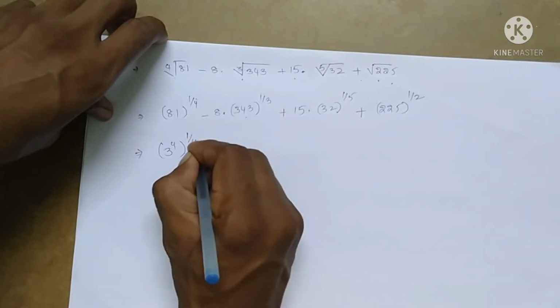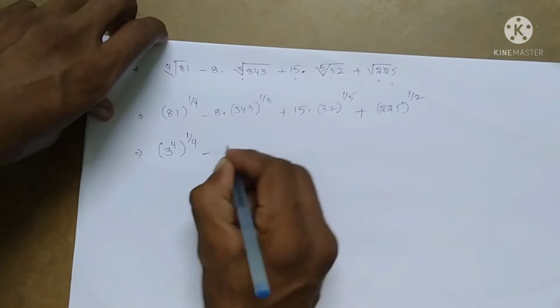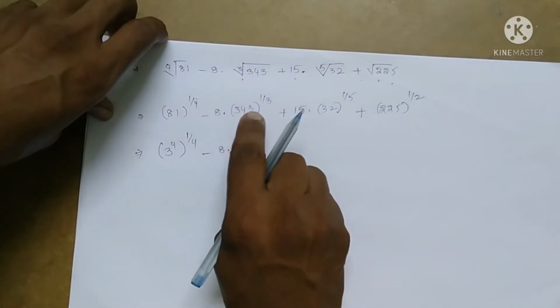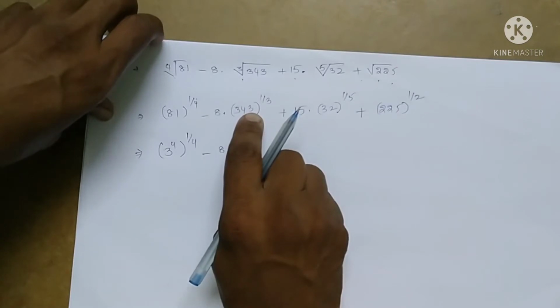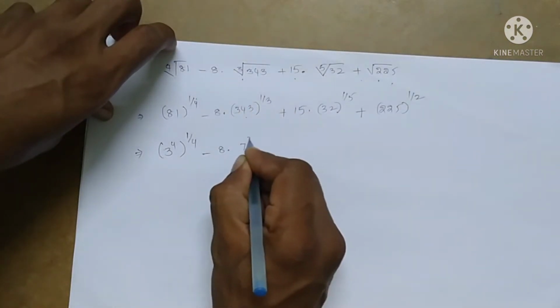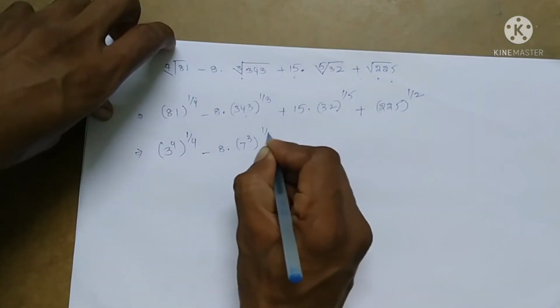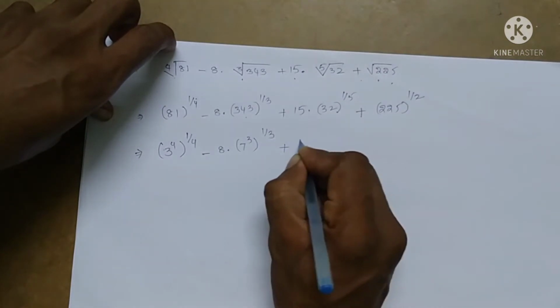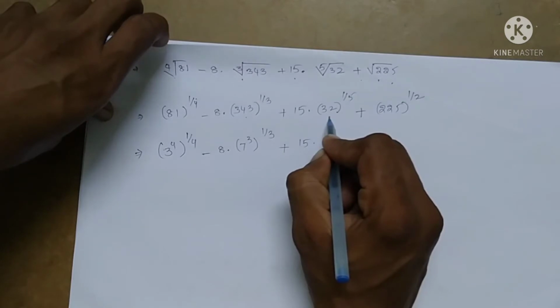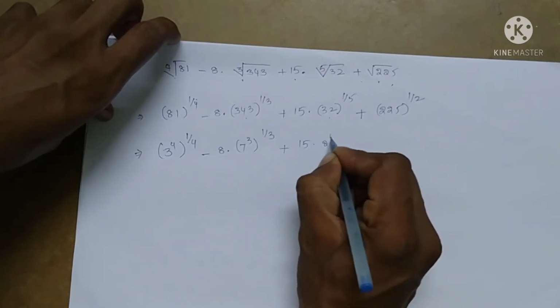Minus 8 into, here 343 means 7 cube: 7 7s are 49, 49 7s are 343. So 7 cube whole to the power of 1 by 3 plus 15 into 32. Change it into exponent form and maintain the index as 5, meaning here 2 to the power of 5.